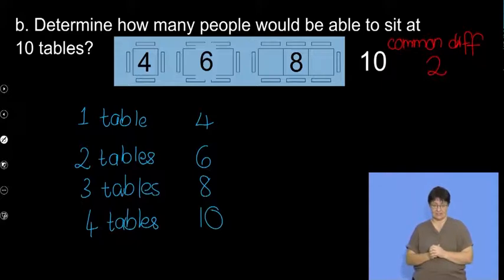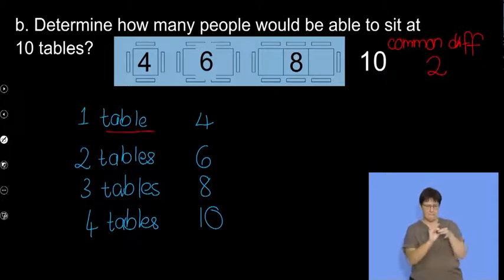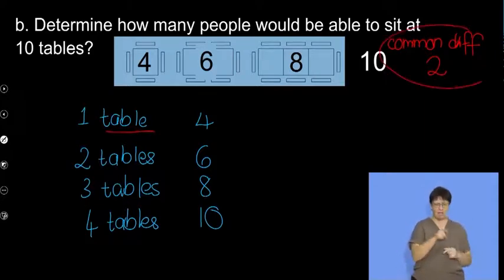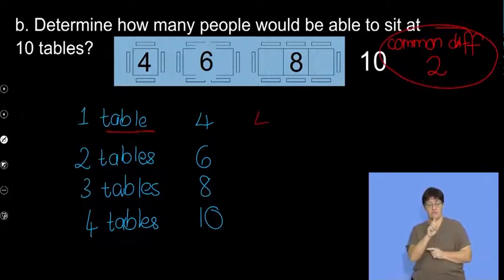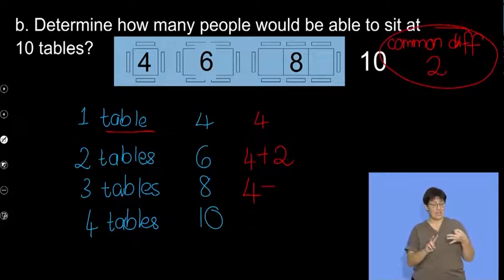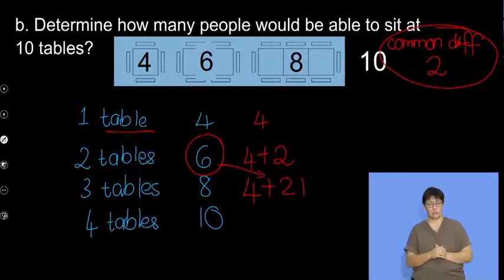So I'm going to ask everyone to see if they can see a connection between the tables and the common difference. At 1 table, we can see that we just had 4 people. But for the second table, we actually added another 2 people. If I look at 3 tables, I'm sure that everyone will agree that we already had 6 people, and I added a further 2.